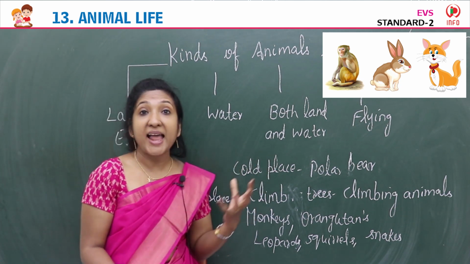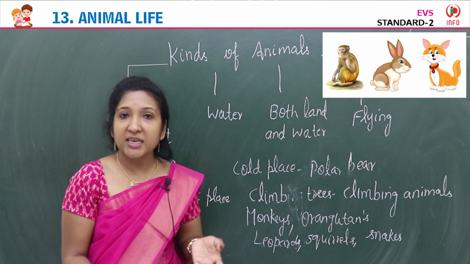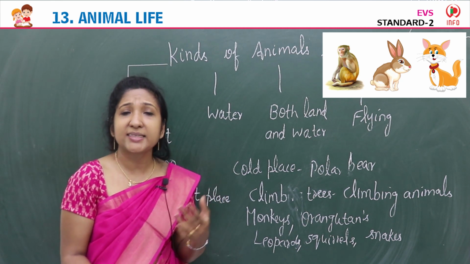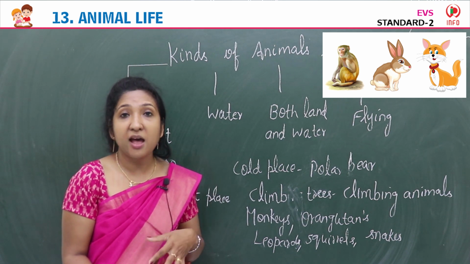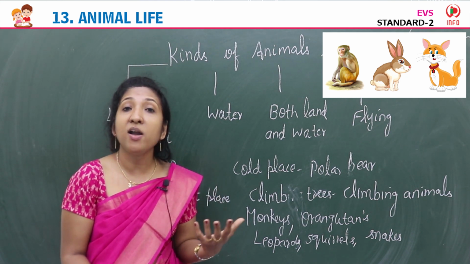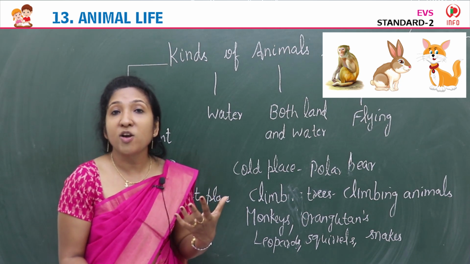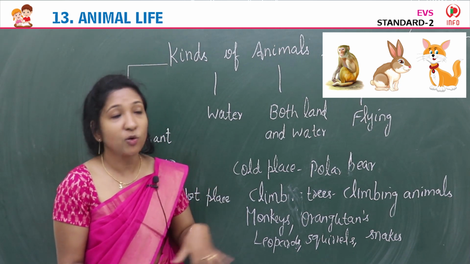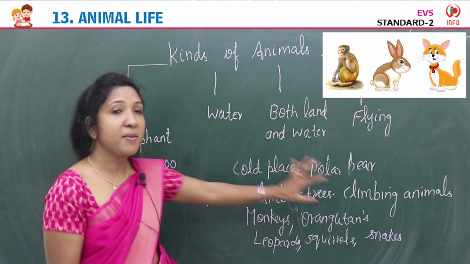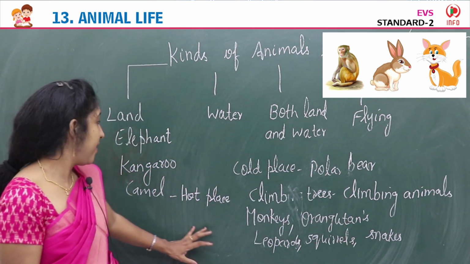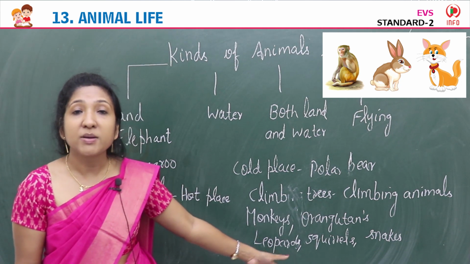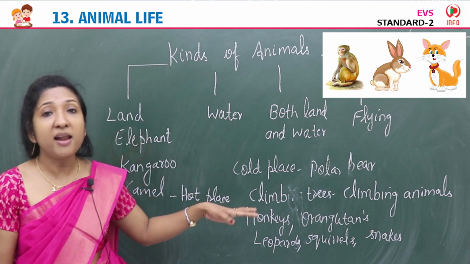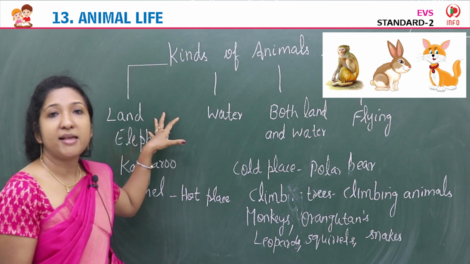Then some animals climb trees like monkeys, squirrels, snakes, leopards, climbing frogs, lizards, domestic cats, and they are known as climbing animals. So all these animals, elephant, camel, kangaroo, monkey, squirrels, polar bear, domestic cats, are land animals.